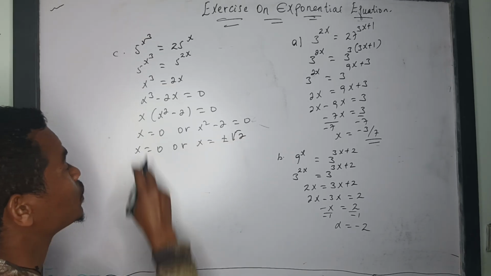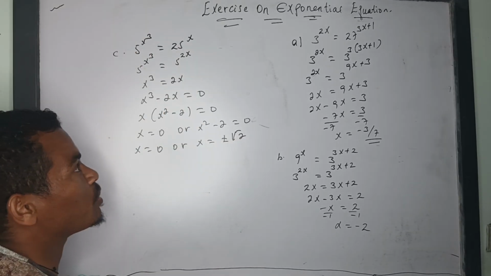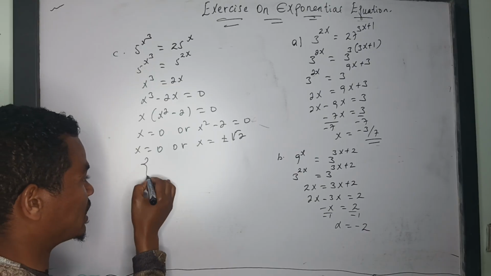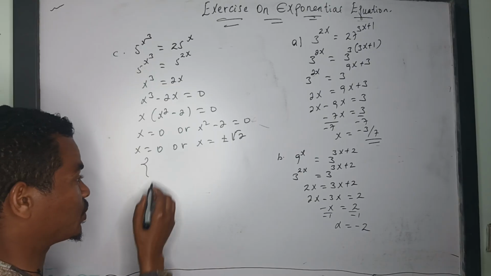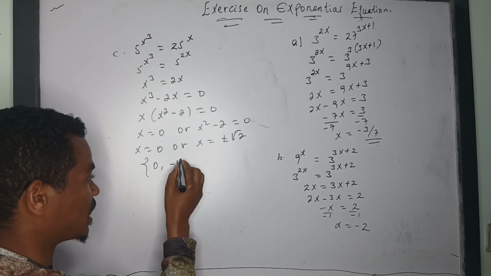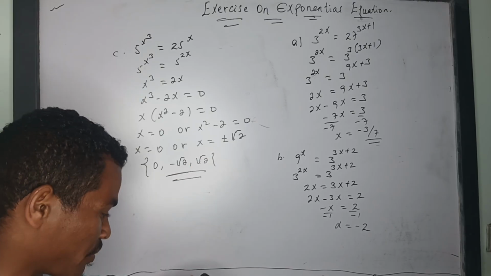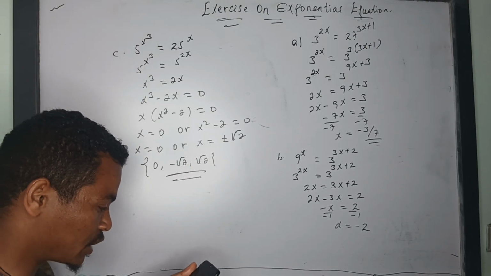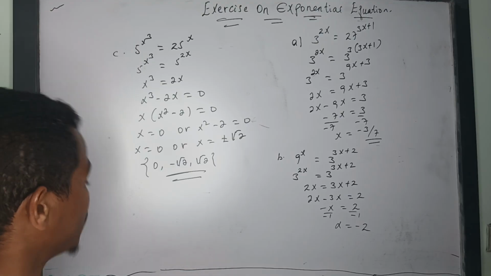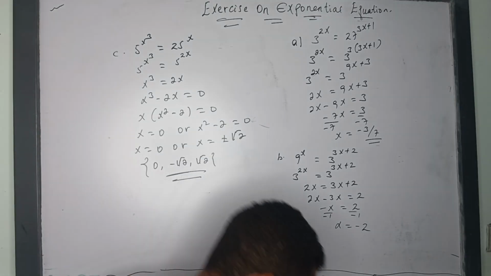So 5 to the power of x cube is equal to 25 to the power of x when the value of x is 0 or plus or minus radical 2. That means 0, minus radical 2, radical 2. This is the solution for 5 to the power of x cube equals 25 to the power of x. Okay, see.